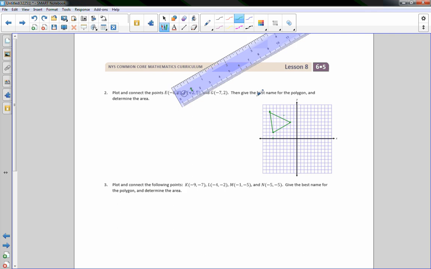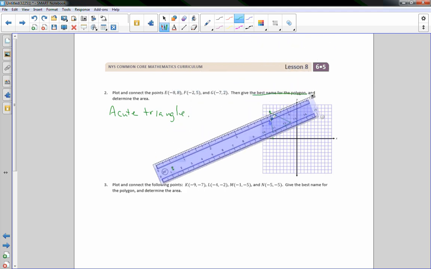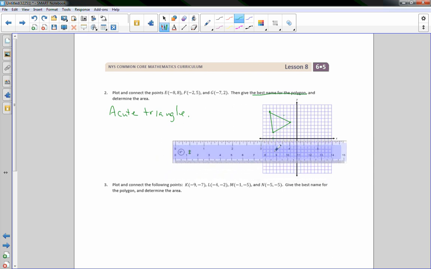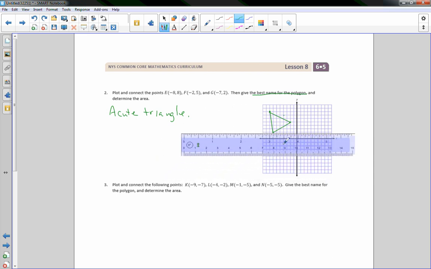So it says give the best name for the polygon. So I wouldn't just say a triangle. I would say an acute triangle. And determine its area. Well, in order to determine its area, I need to determine its altitude and its base. So I would draw a line segment here that would extend over.